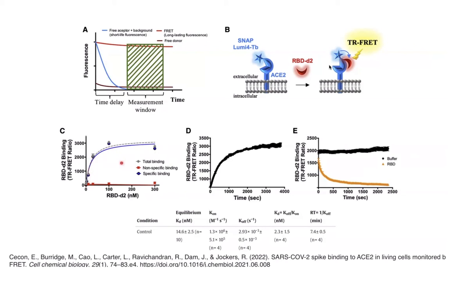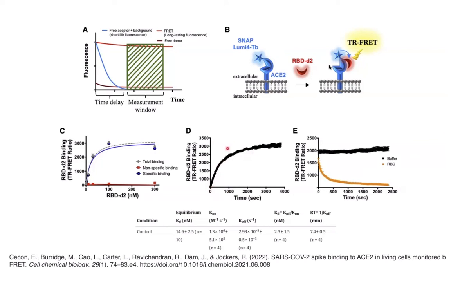Can we tell anything about the kinetics here? Can we tell about K on and K off? No, we can't. If we only have the KD, if we only have this equilibrium data, we can't tell about kinetics. But with their strategy, they are able to tell about kinetics. And so they can set up their experiments. So what's going to happen is that they can measure the actual binding.